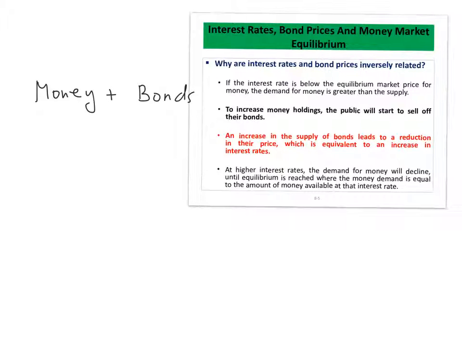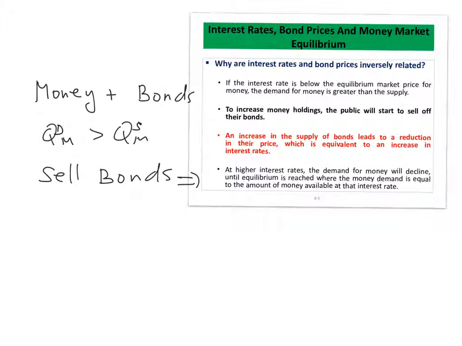If the interest rate is below the equilibrium market price of money, then the quantity demanded of money will be greater than the quantity supplied, and therefore there will be a shortage. For the investor to receive more money, then they would have to sell some bonds.